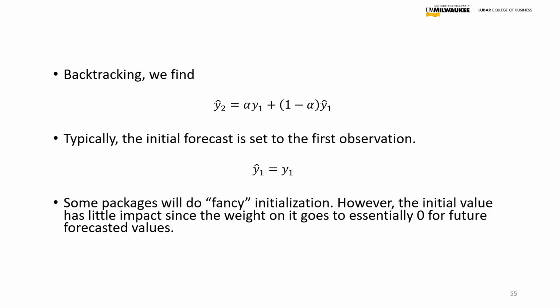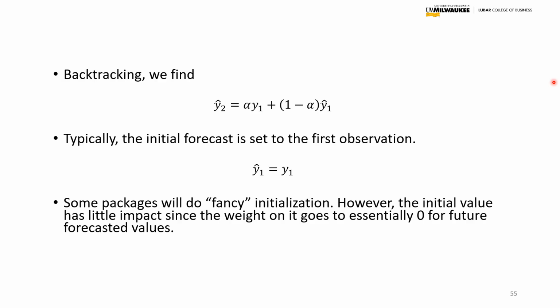Well, this exponential smoothing method has to start somewhere. If we go to the very beginning, we will find in particular the forecast for period 2 will equal alpha times the observation at period 1 plus 1 minus alpha times the forecast of period 1. But there's no period prior to period 1.